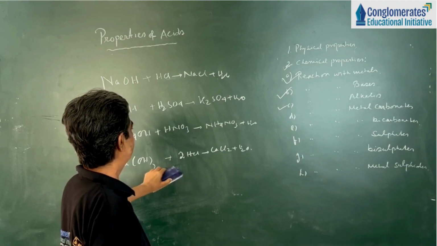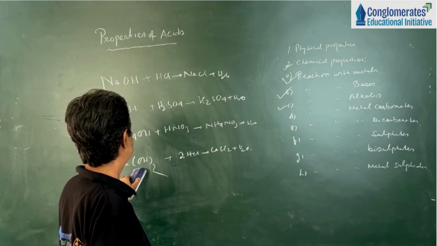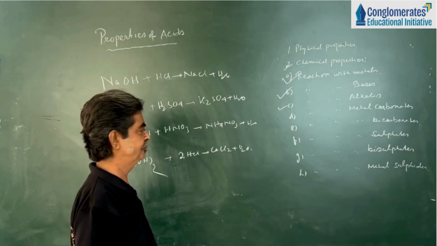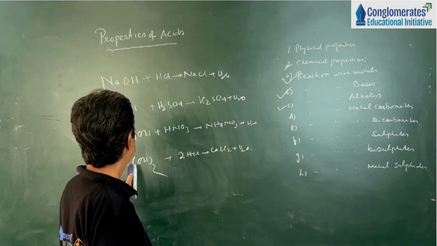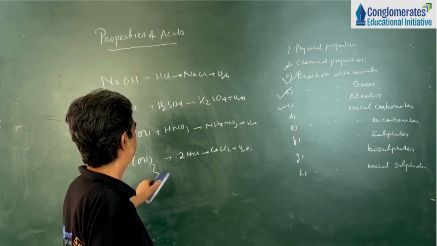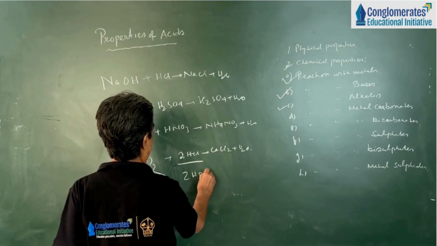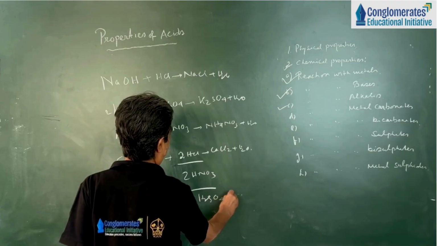Calcium hydroxide plus HCl forms calcium chloride and water. But in these cases, sulfuric acid cannot be used, because if you use sulfuric acid, calcium sulfate will be deposited over the calcium hydroxide, so the reaction does not occur. So in the case of calcium hydroxide, dilute HCl or dilute HNO3 can be reacted, but sulfuric acid cannot be used.